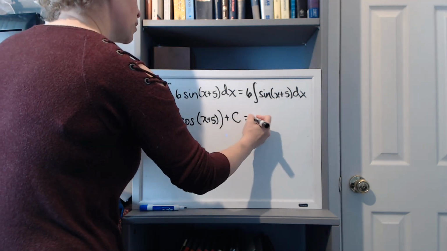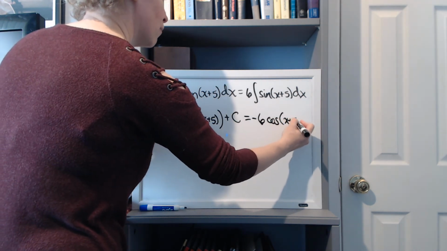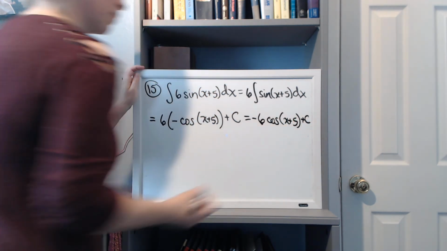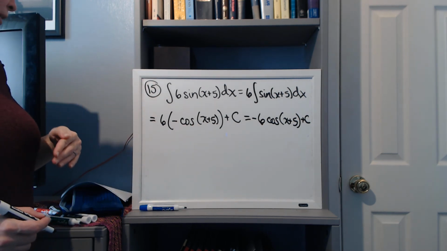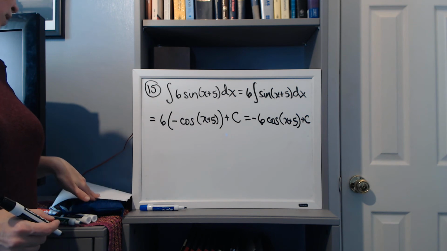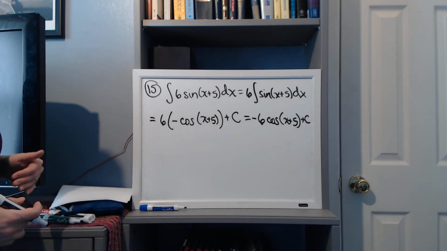We are actually multiplying there, so that's negative 6 times cosine of x plus 5 plus c. And again, I am writing some extra algebra steps as we go along. If you are confident and feel good about your algebra, you don't have to write as many steps.